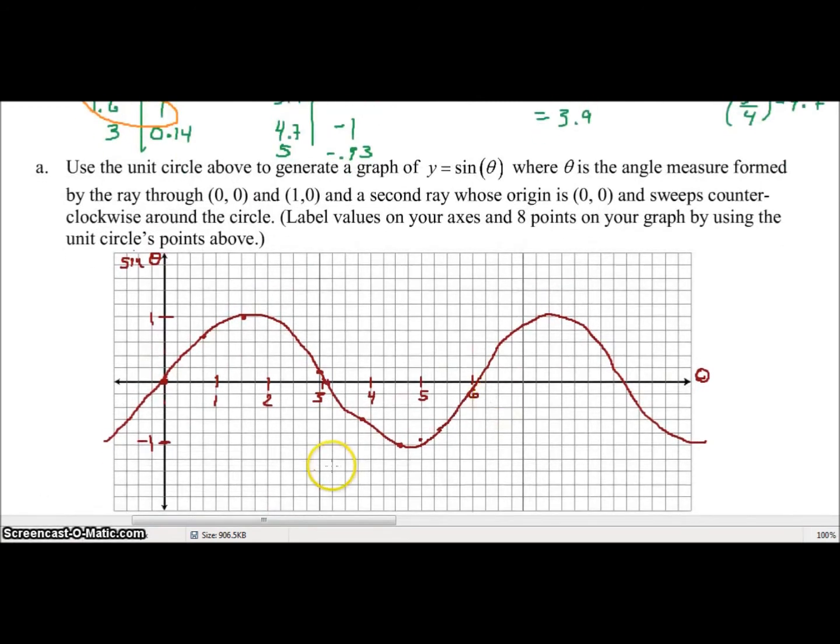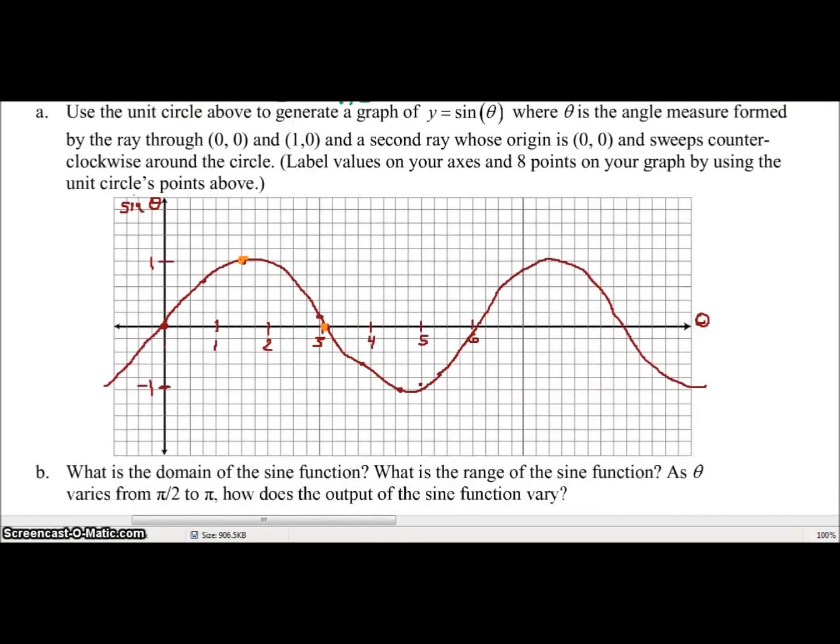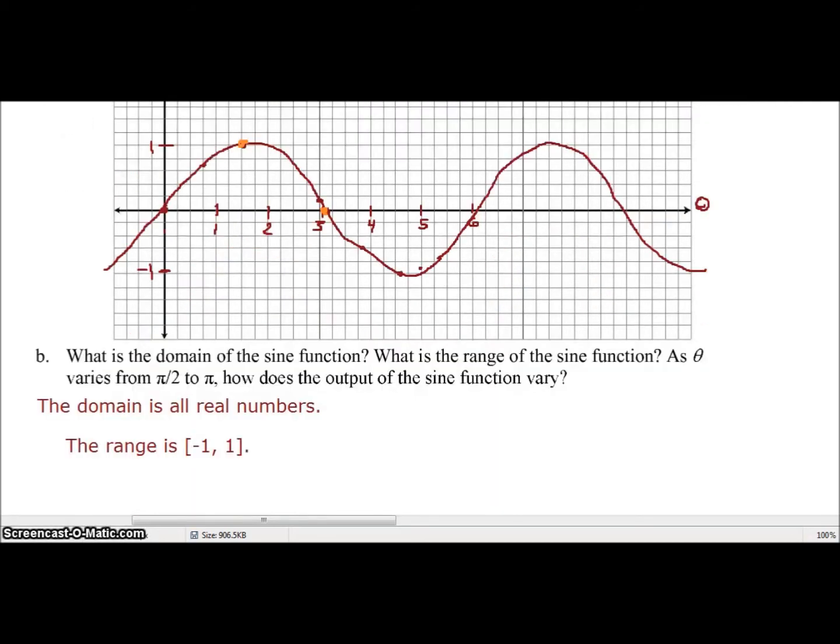We could also see that on the graph. 1.6 is about right here. Pi is right here. Notice the sine function decreases, and we're also concave down, it appears, which means that the rate is decreasing.